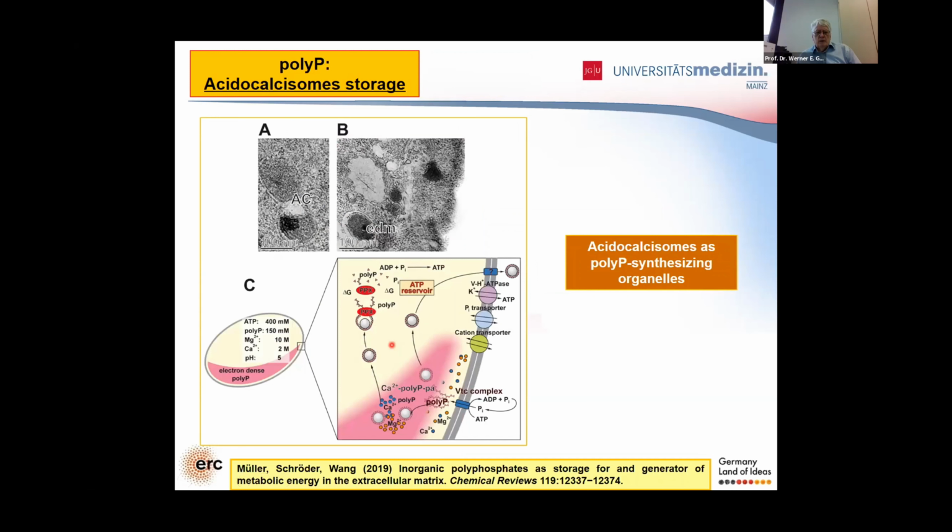Then this polyphosphate is released extracellularly and functions as a generator and as a substrate for ATP synthesis in the extracellular space. Before this discovery, nobody had an idea how ATP accumulates extracellularly. But after the discovery that it is coming from polyphosphate, a lot of new developments became possible.